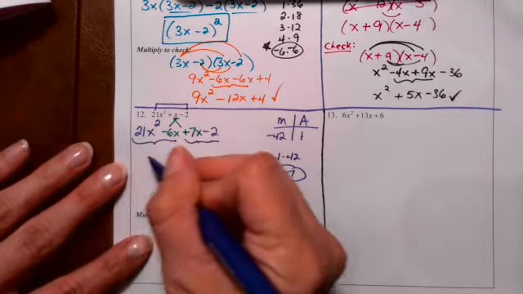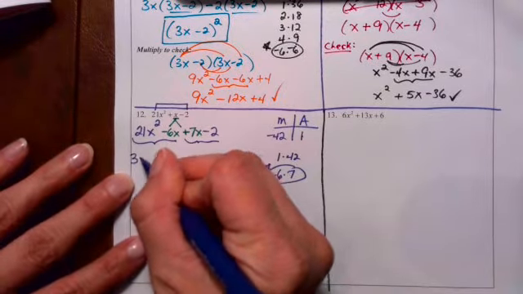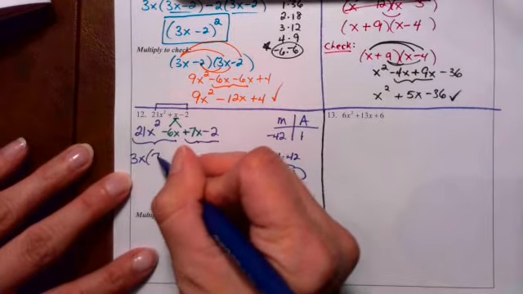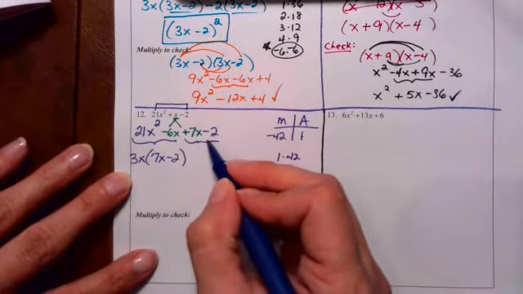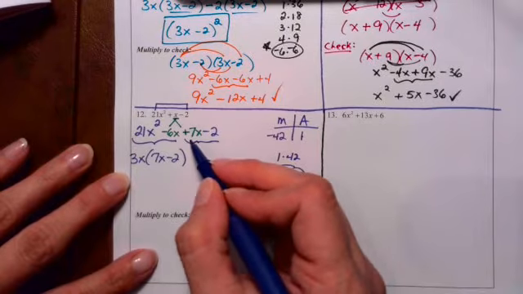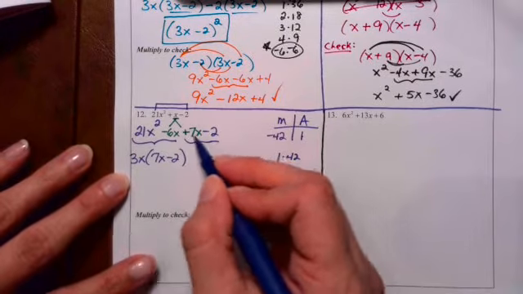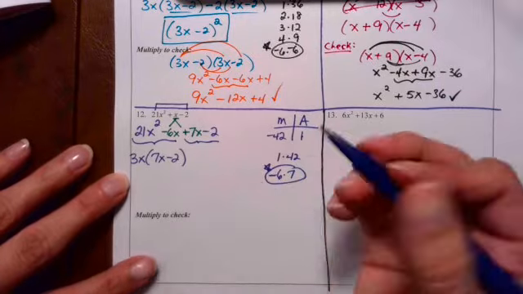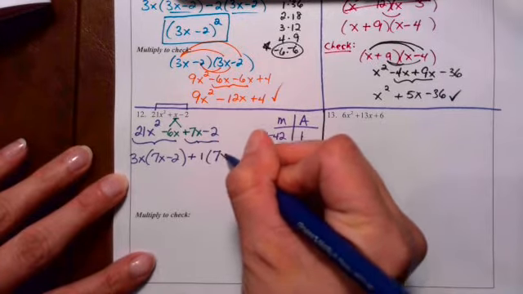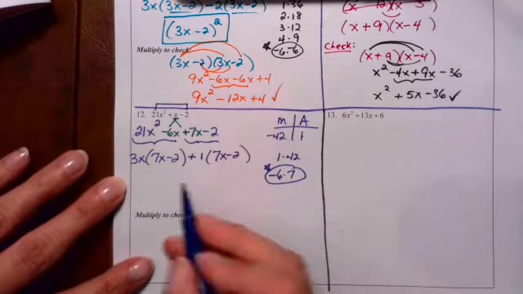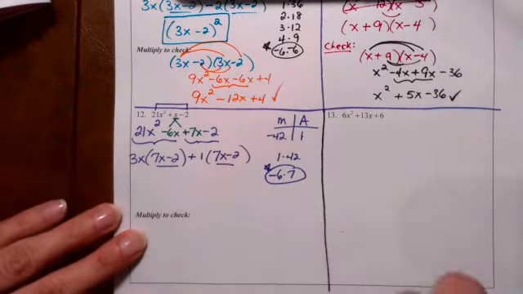So I hope that you took out a 3 and an x, leaving us with 7x minus 2. Here, there's no number in common. It's not starting with a negative. When there's nothing to take out, you have to take out something. You have to say plus 1. And that leaves us with 7x minus 2. You have duplicates, so you're getting it correct.